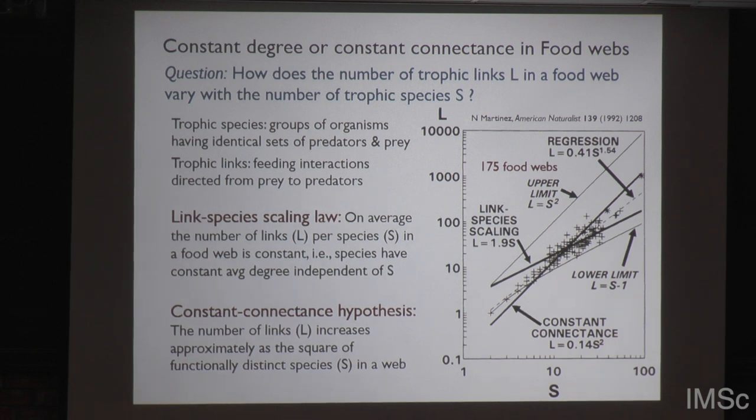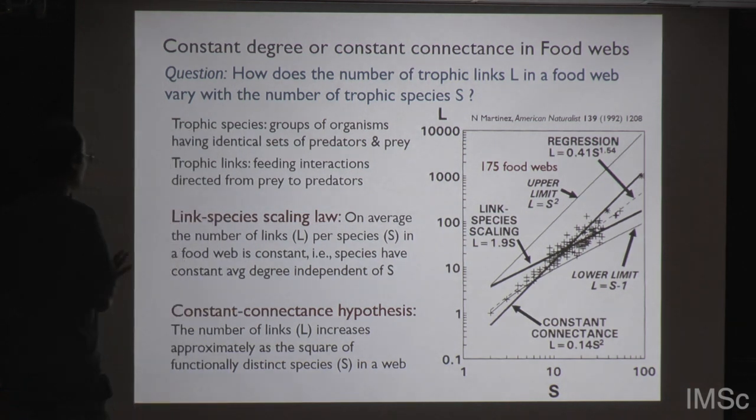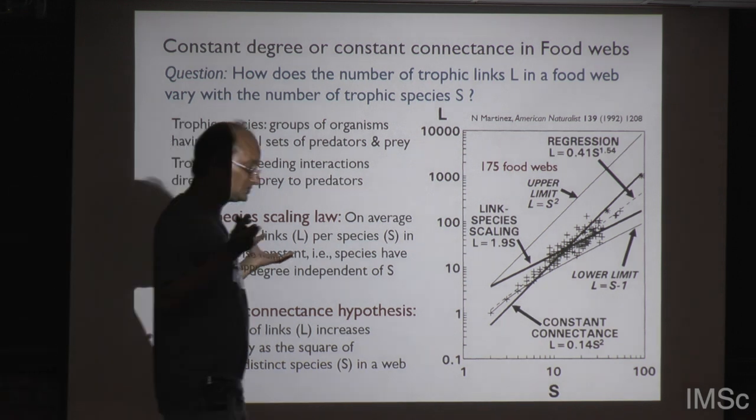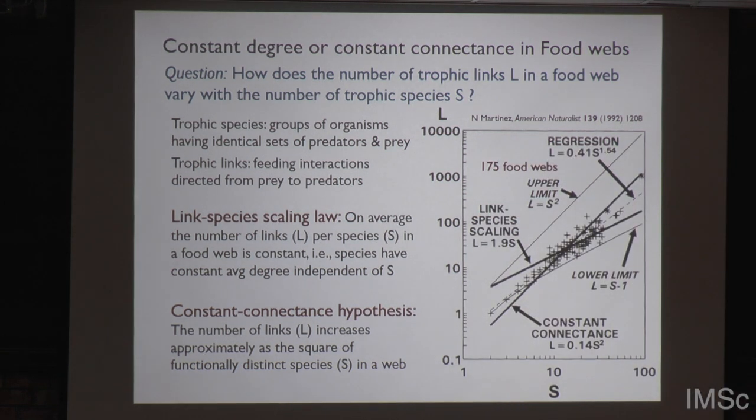There is one hypothesis which says that there is some kind of link-species scaling, so the number of links per species in a food web is constant. Regardless of how many species there are in an ecosystem, typically a species will feed upon only k other species. Seems to make sense, right? If I'm used to having 10 different types of food sources, I would stick to that, regardless of how many other species have joined the network subsequently.